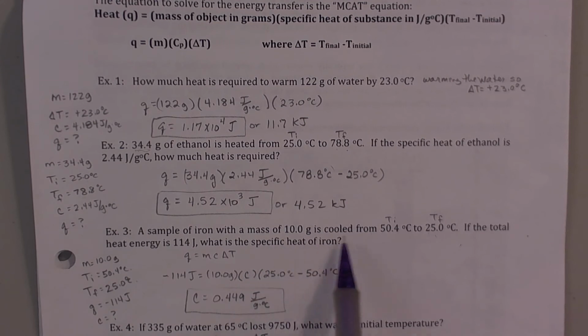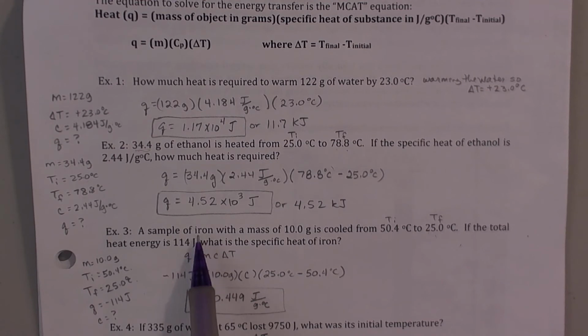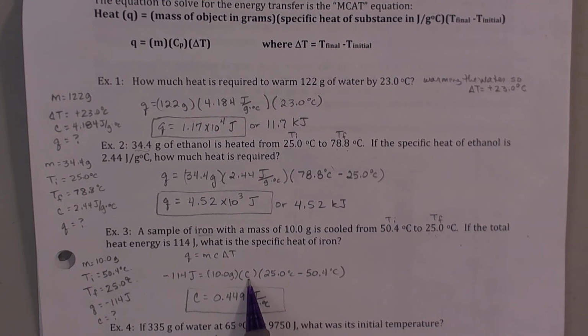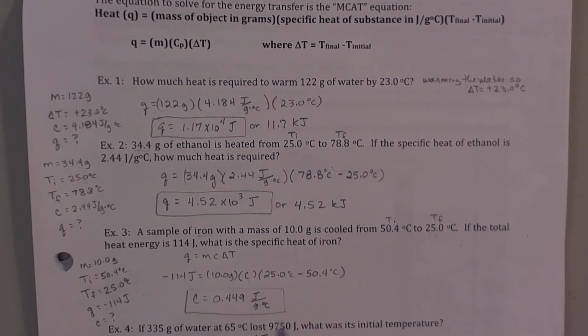Well, if the temperature is being cooled, that means energy is leaving that iron, if you think of iron as your system. So if energy is leaving, then that tells you your Q is negative. So you need to put that in as a negative number. So you plug that into your MCAT equation so you can solve for the specific heat of the iron. And again, you have to check to make sure you have the proper number of significant figures. I've got 0.449 joules per gram times degrees Celsius.